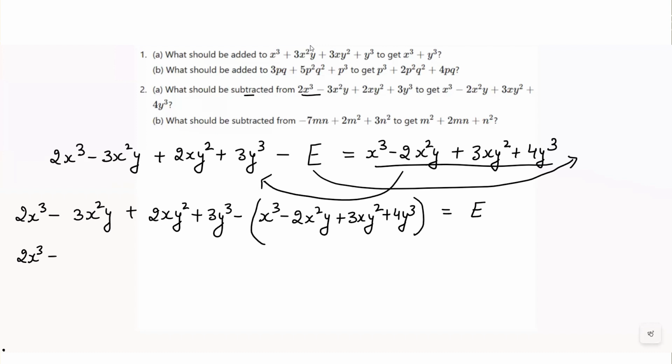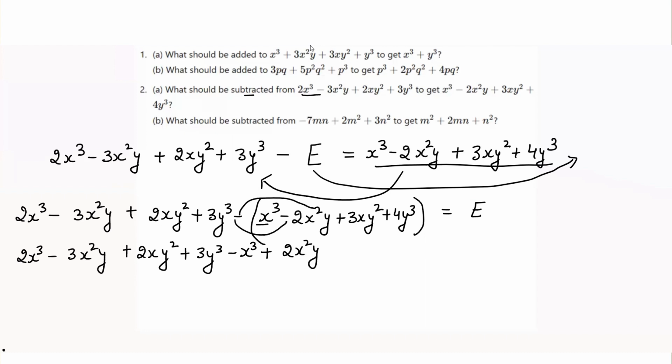Minus into x cube will be minus x cube. Minus into minus is plus 2x square y. Minus into plus is minus 3xy square. Minus into plus means minus 4y cube is equal to E.